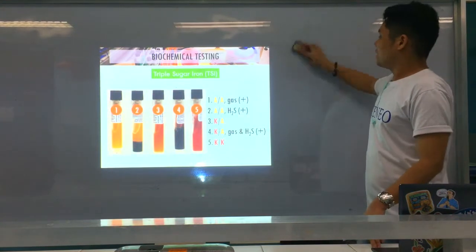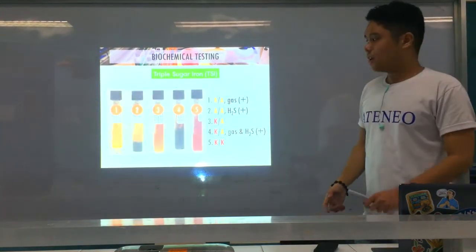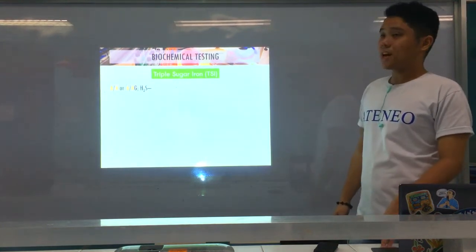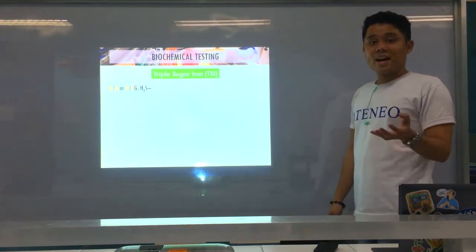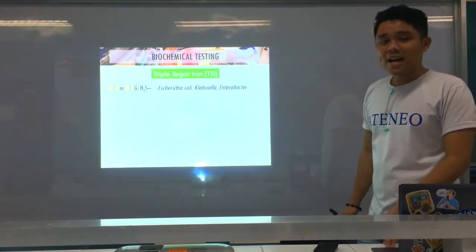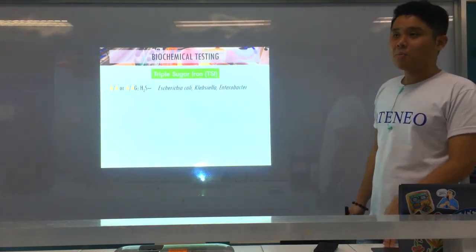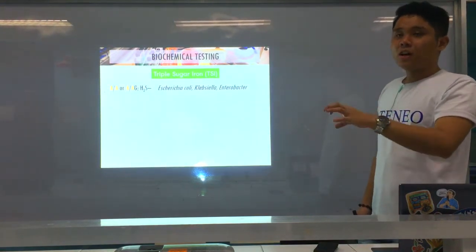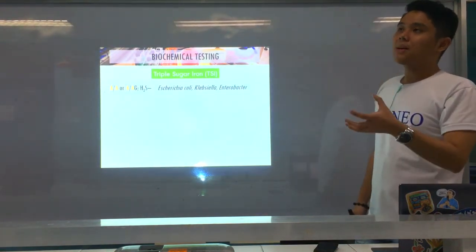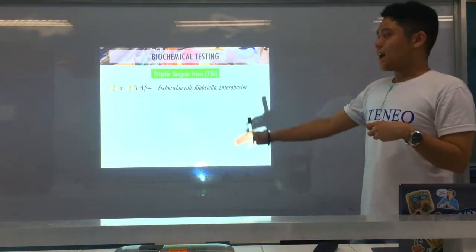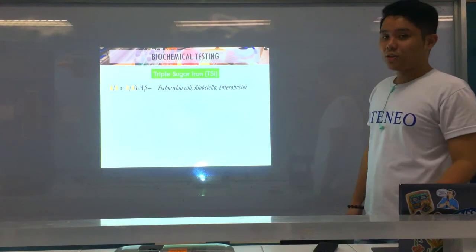We'll now go to some organisms that exhibit those results. Number one is A over A with gas, but H2S negative: your rapid lactose fermenters, E. coli, Klebsiella, and Enterobacter. Remember, they are lactose fermenters and glucose fermenters, rapid. Because of their rapid lactose fermentation, they also produce gas, but they do not produce H2S.